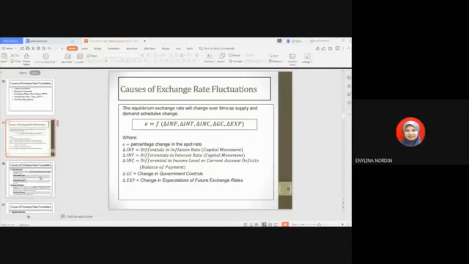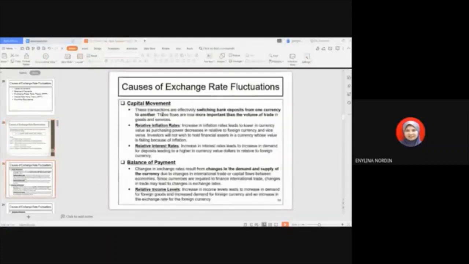For the first one, it is about the capital movement. This is the transaction which effectively switches the bank deposit from one currency to another. It may be influenced by inflation and also interest rate.